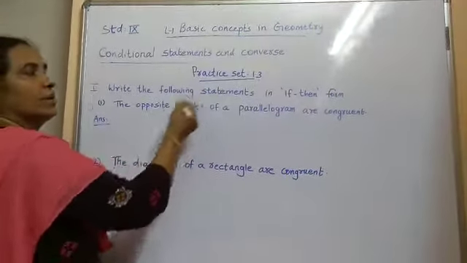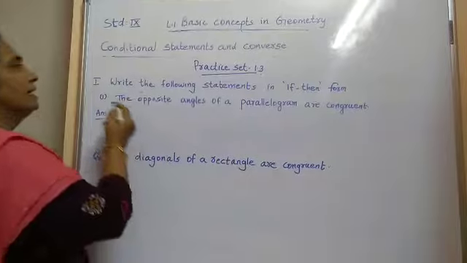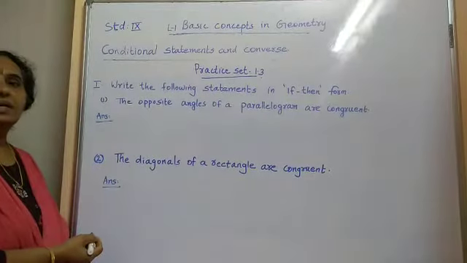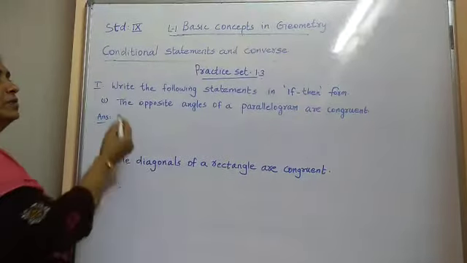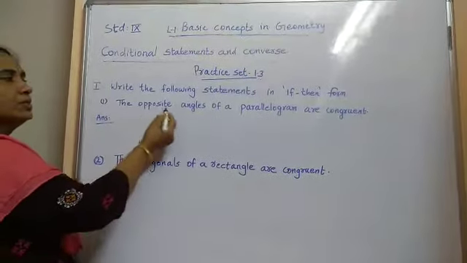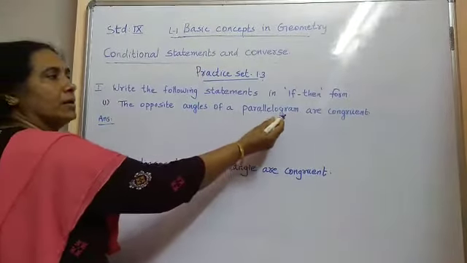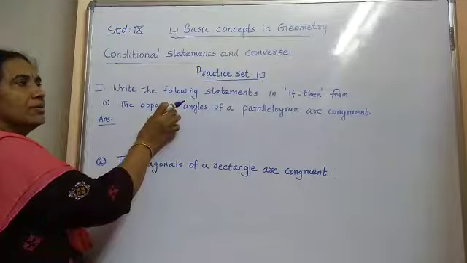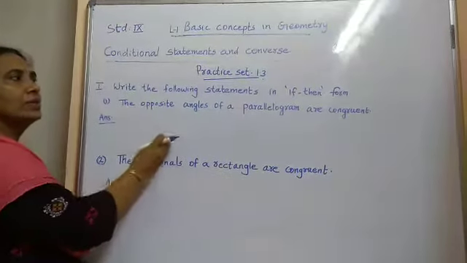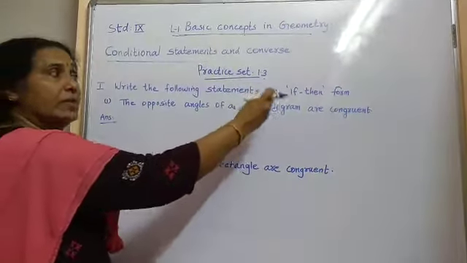Now let us solve practice set 1.3. Write the following statements in if-then form. First statement is, the opposite angles of a parallelogram are congruent. This is the given statement. We have to convert this statement in if-then form.